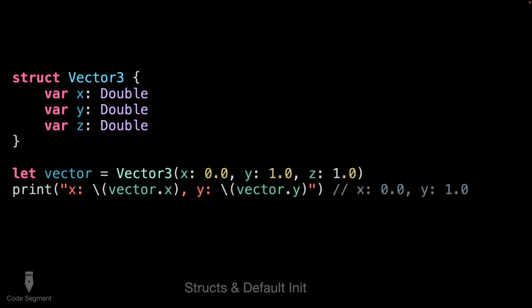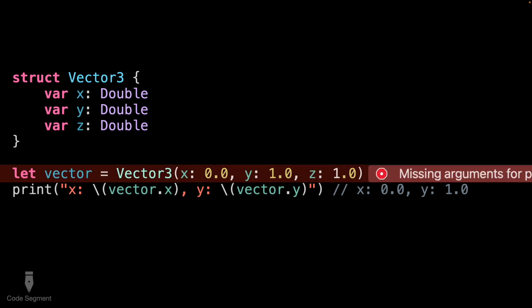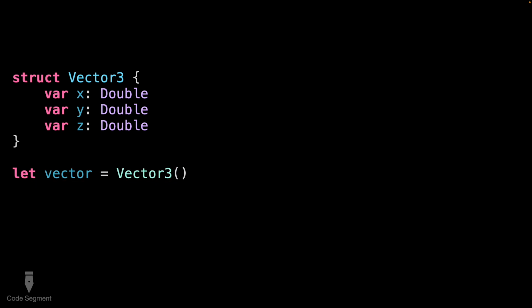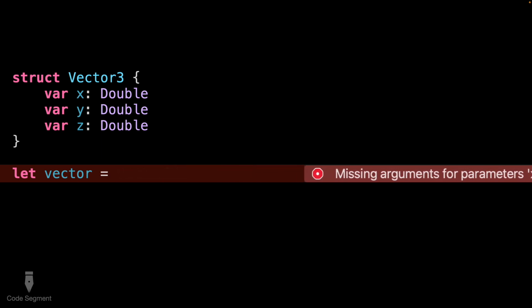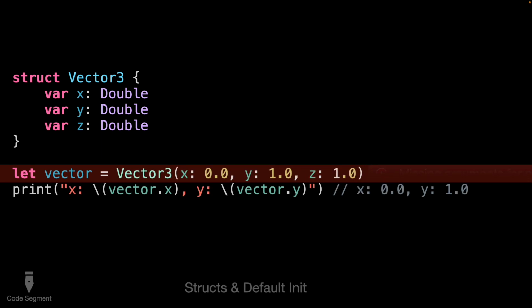And so here it basically said, oh, we're missing the arguments for x, y, and z. I can see you're trying to call the initializer, but you're not giving me the information I need. This struct needs 3 doubles in order to exist, right? So in order to make that go away, you give it 3 doubles, okay?